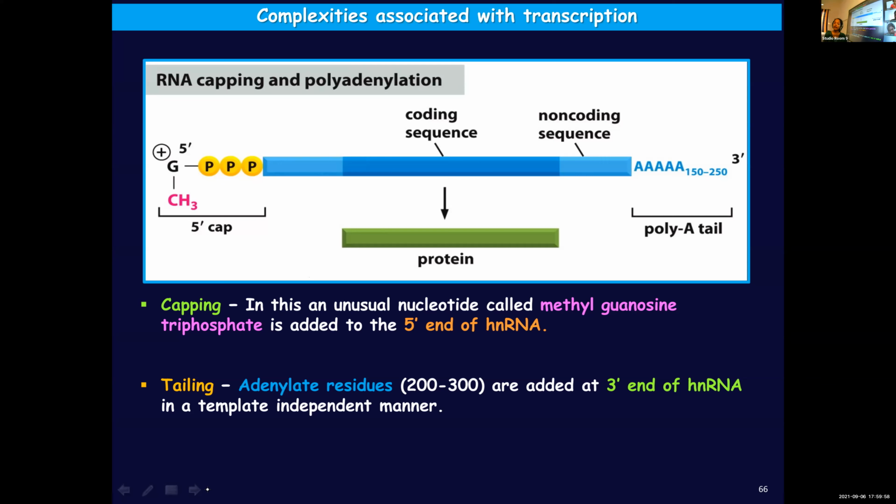From there, it should be transported to the cytoplasm. So the tailing process also helps in transporting this messenger RNA to the cytoplasm, plays an important role in translation. Main purpose is to protect it from getting damaged or degraded. Details you don't have to learn. So both capping and tailing will give them additional protection from degradation.